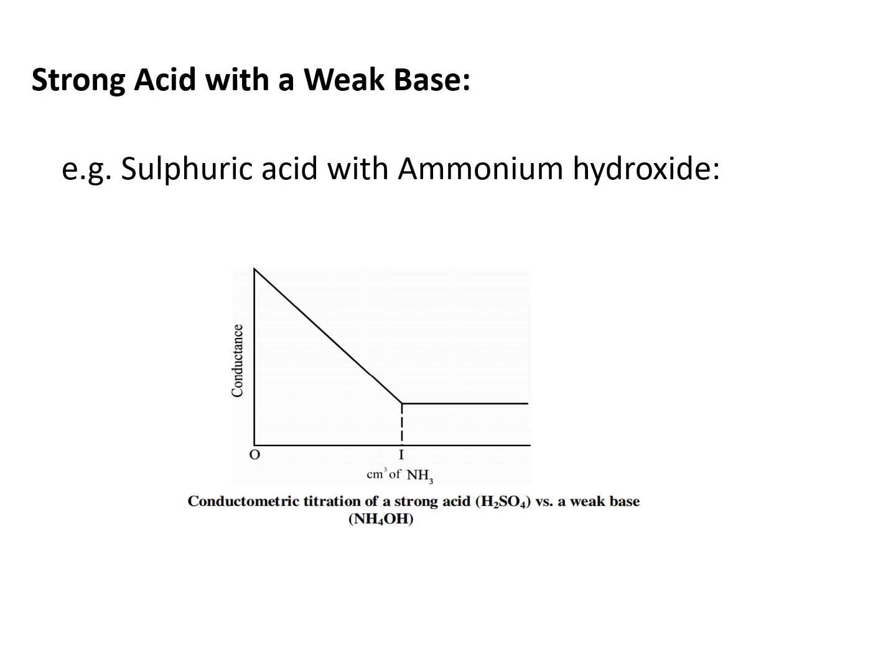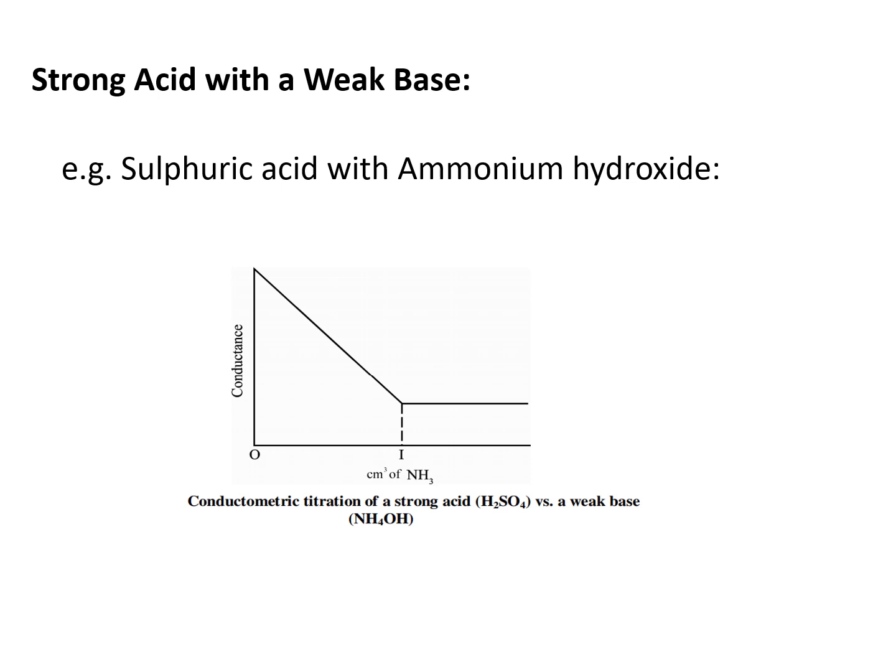But after saturation, that means after reaching the equivalence point, the conductance does not vary much because the ionization of the weak base is suppressed due to the presence of ammonium sulfate. Here actually the dissociation of ammonium hydroxide, a weak base, is suppressed by the presence of ammonium sulfate due to common ion effect.